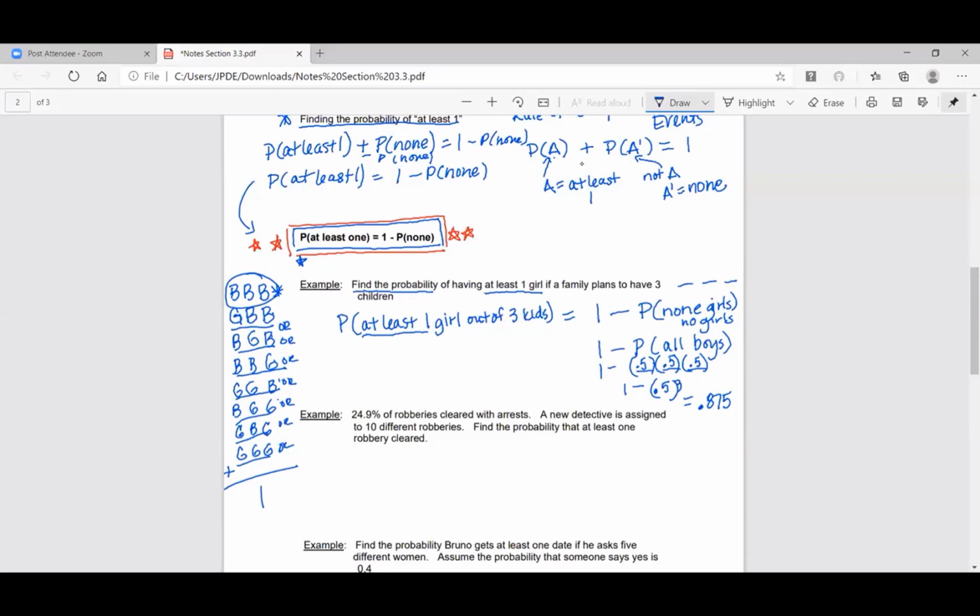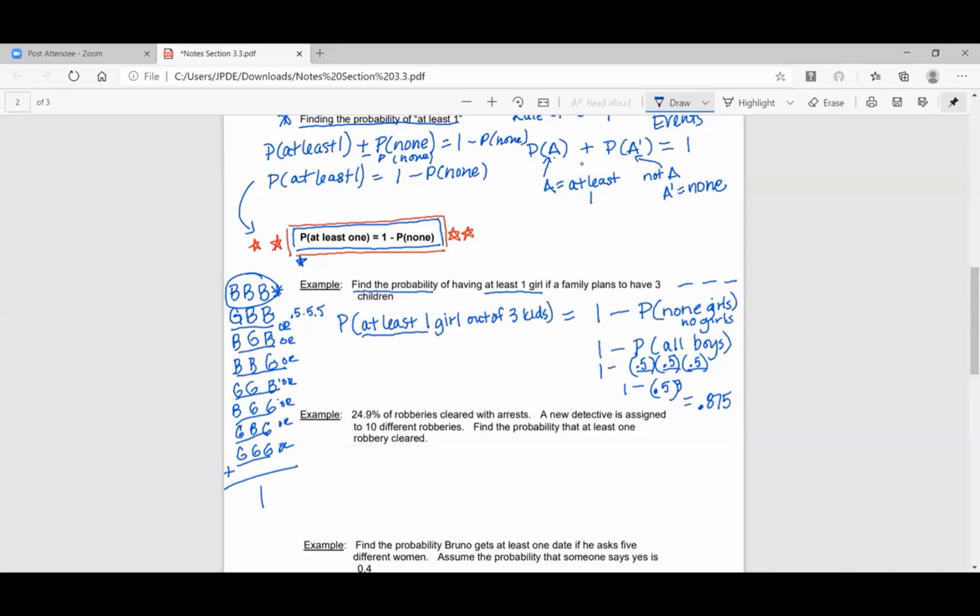Also, we're only talking about 3. What if we had 10? Or what if we had 22, you'd have to go through all those possibilities. You would get the same answer, but it would not be as efficient. So if I had done this, it would be 0.5 times 0.5 times 0.5, seven times, and then we'd have to add them.